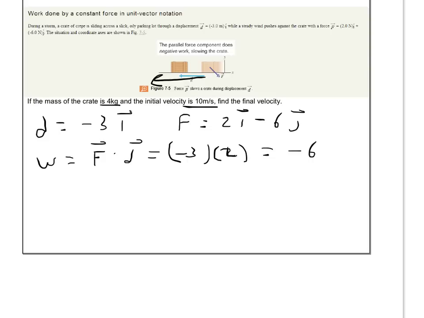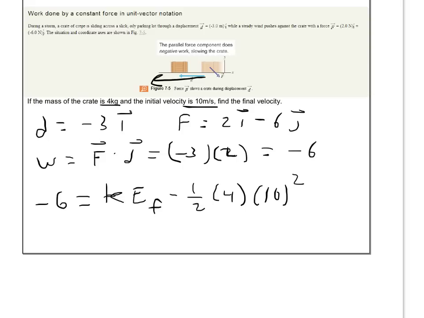Well, so that negative work equals KE final minus KE initial. Well, KE initial was 1/2 mass times my initial velocity squared. Well, if I do some rearranging, I get 194 equals my kinetic energy final, which is 1/2 mass times final velocity squared.